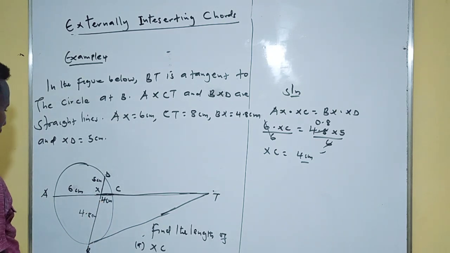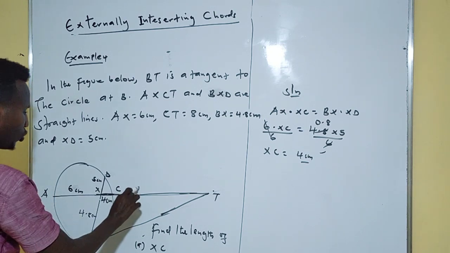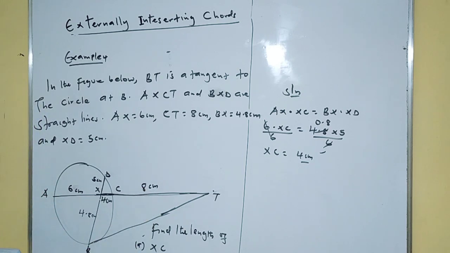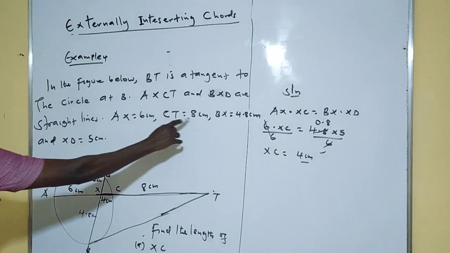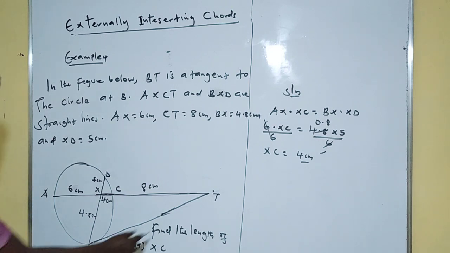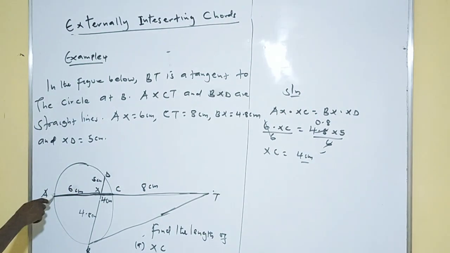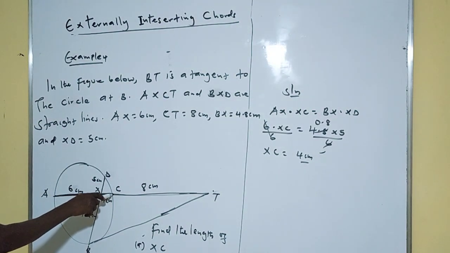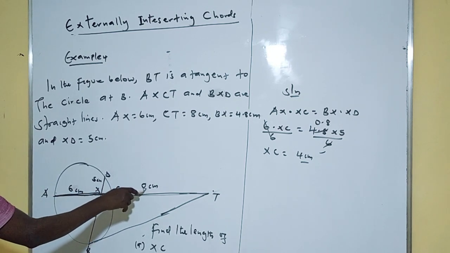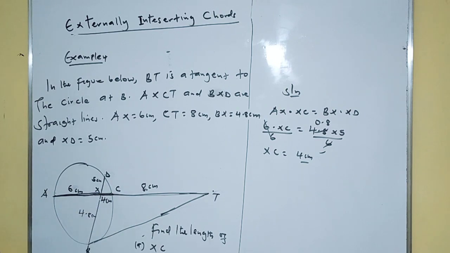But remember here it's also given, CT is 8 centimeter. We want to get the tangent, so look at this point. We will take this line as one magnitude. So AC, which is the chord, plus this one into this one is equal to BT squared.